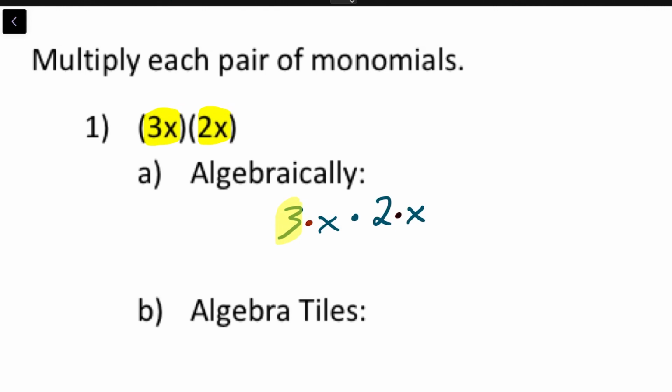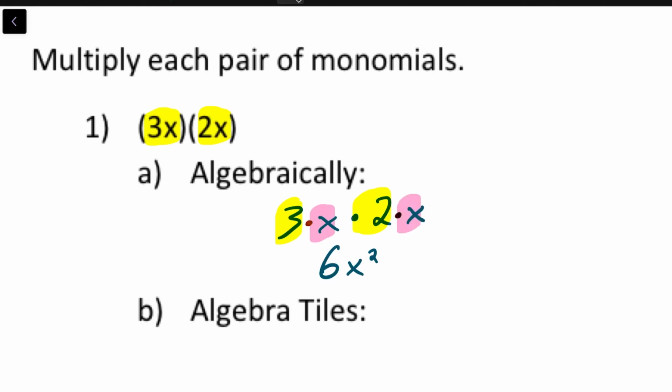So we can do 2 times 3, right? We know that 2 times 3 is equal to 6. Okay, so I've taken those two coefficients, multiplied them together to get 6, and then x times x, if you guys remember your exponent rules, x times x is x squared, right? You do x times x, you get x squared.